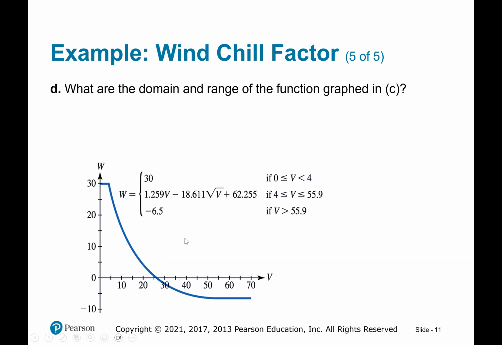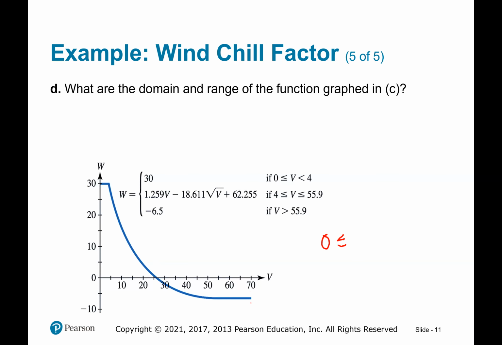Okay, so what's the domain and range of this function as graphed? The domain is all the possible values of x. So, well, in this case, d. What's the domain of this function then? 0 to 70. To infinity?